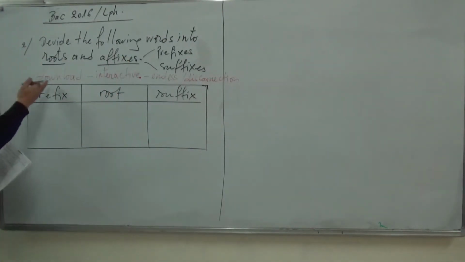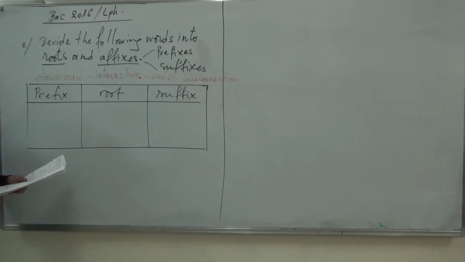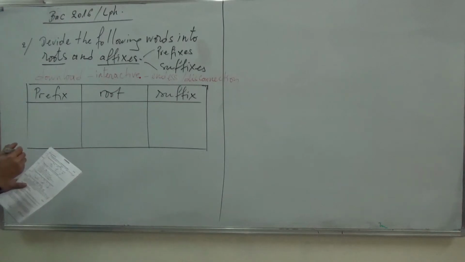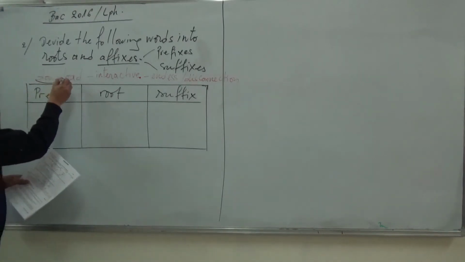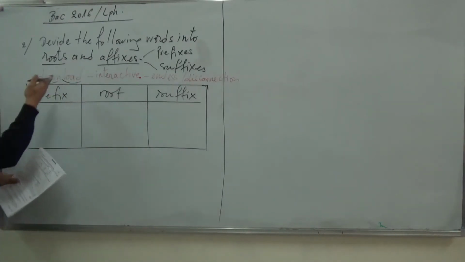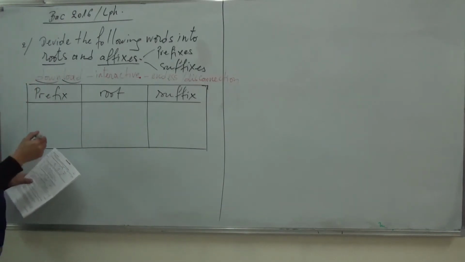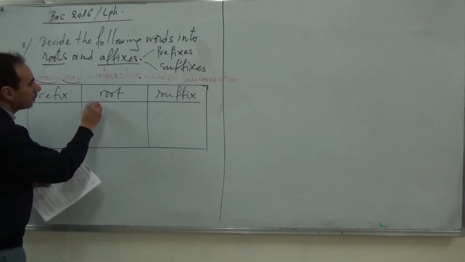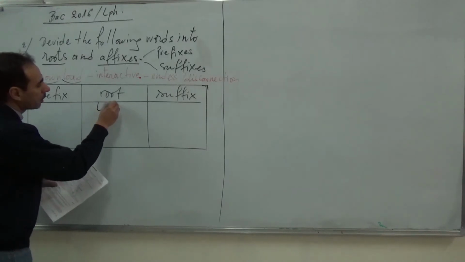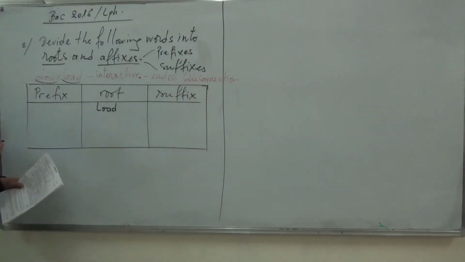For example, we'll start with the first word, download. What is the root here in this word? Is it down or load? Of course, we go to the verb load. So we put it here. Load something to a computer.